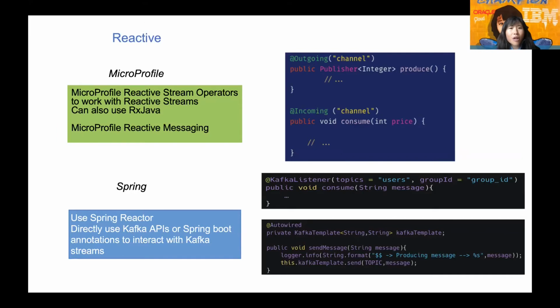And we also have MicroProfile Reactive Messaging, which directly helps you to publish and consume messages. Just use @Incoming and @Outgoing. @Incoming is for a consumer: you create a consumer, just use the annotation @Incoming. And if you want to publish a message, you just use the annotation @Outgoing, publishing to a particular channel.